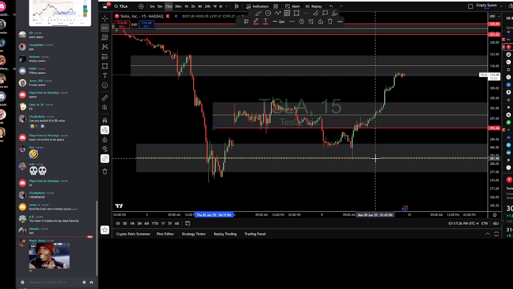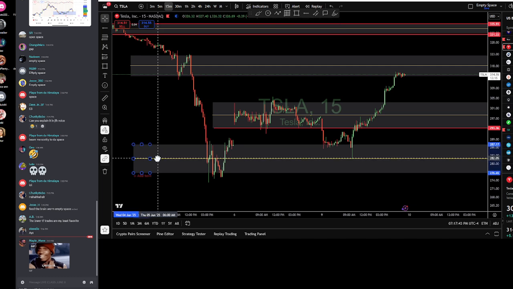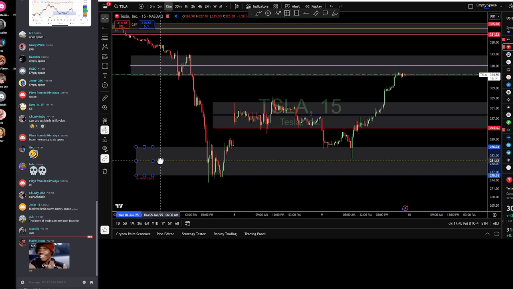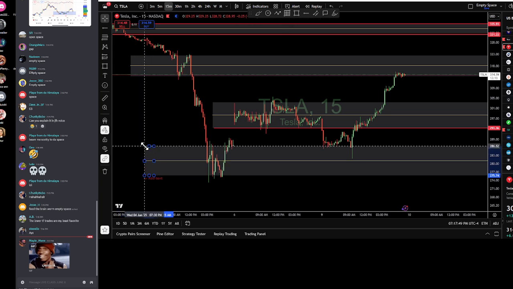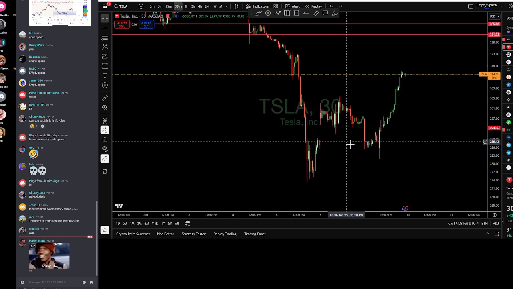It's perfect. Price action moves down. It goes to touch the 50% mark of this range, give or take. On the hourly 30-minute, it is absolutely perfect.